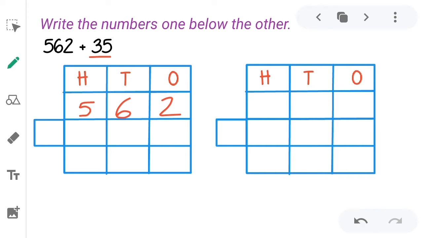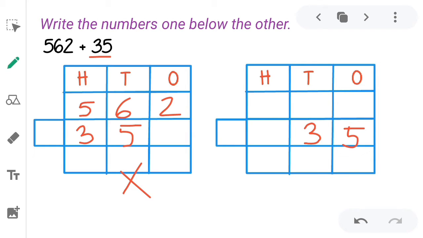So children, where will we write 35 in the place value chart? Will we write it like this, 3 in hundreds place and 5 in tens place? No, we will not write it like this. We will write it as 3 in tens place and 5 in ones place, because in 35, 3 is in tens place and 5 is in ones place.